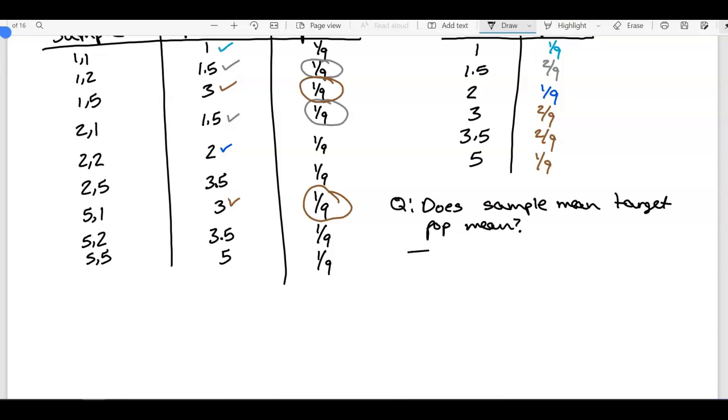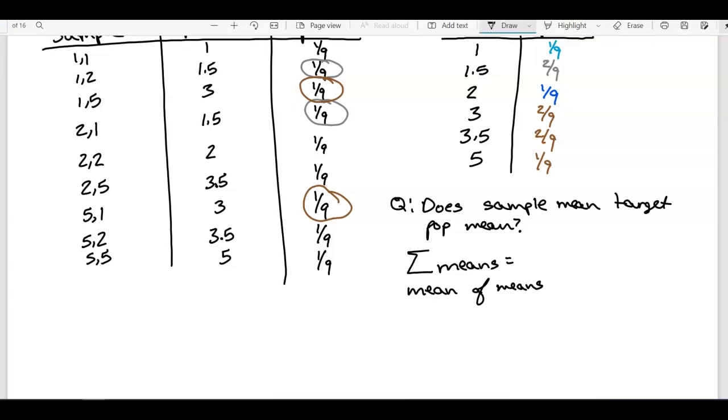So let's figure that out. Let's look at the sum of all the means. And then we're going to find the mean of that. If we were to add up everything in this column, that would be the sum. So if we were to add all these numbers together, you can get your calculator out, plug that in.